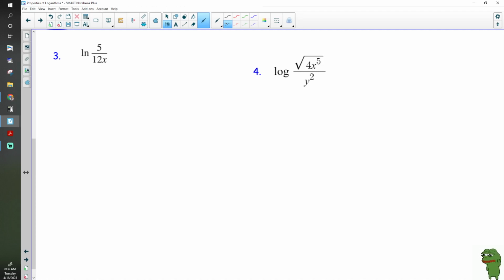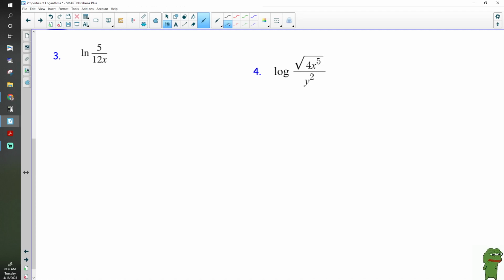How many properties do you see? Which one? The 12 has an x by it, so that's multiplication, so that's a product property. There's 1 more. What's happening between the 5 and the 12x? Quotient. They're being divided. So quotient rule, product rule.